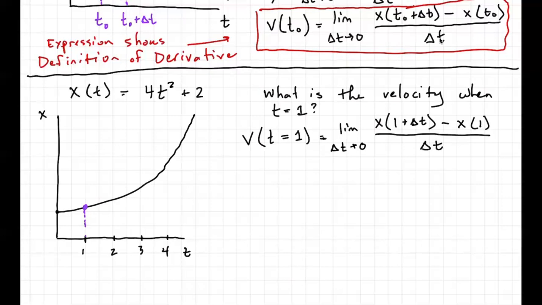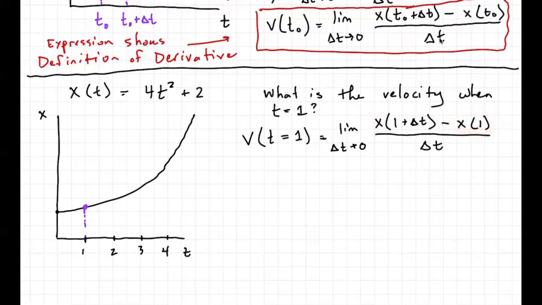This is a limit. Again, we can't directly evaluate it, but we do have a function to work with now that we can plug in. We have a function we can plug 1 plus delta t into, and a function that we can plug 1 into. And let's see what we get.